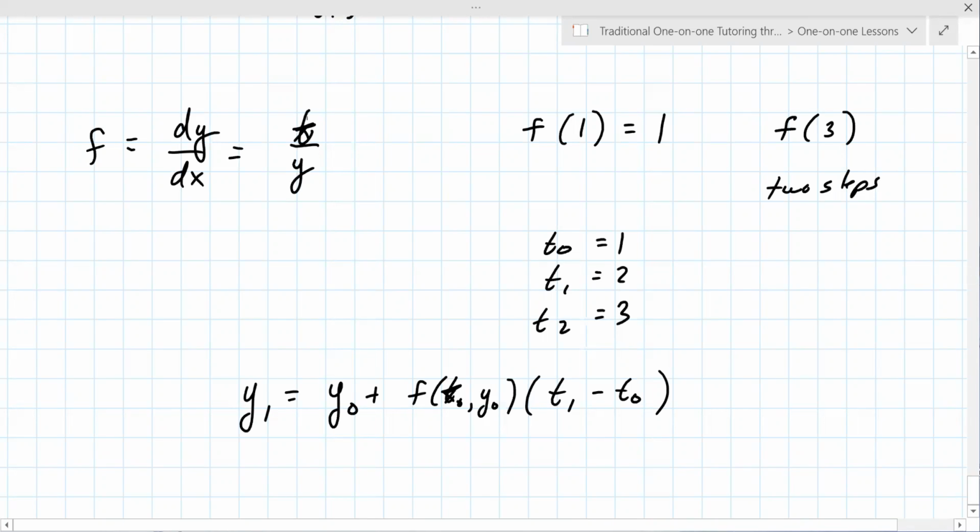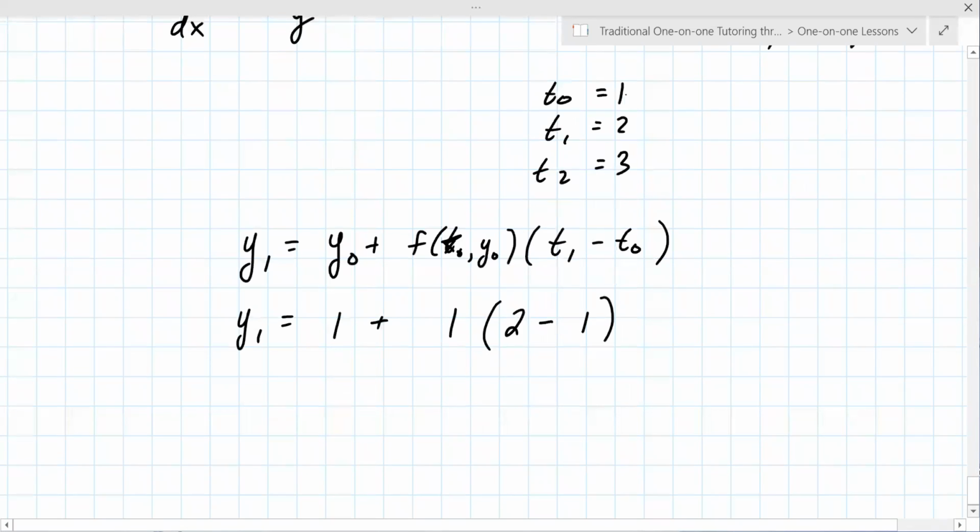So here's what it is. Your y1 is your y0, which is 1, plus you have to put your x and y, which is 1 and 1, into this equation. So that's 1 over 1 times 2 minus 1. And you get a number out of that. You end up getting 2.